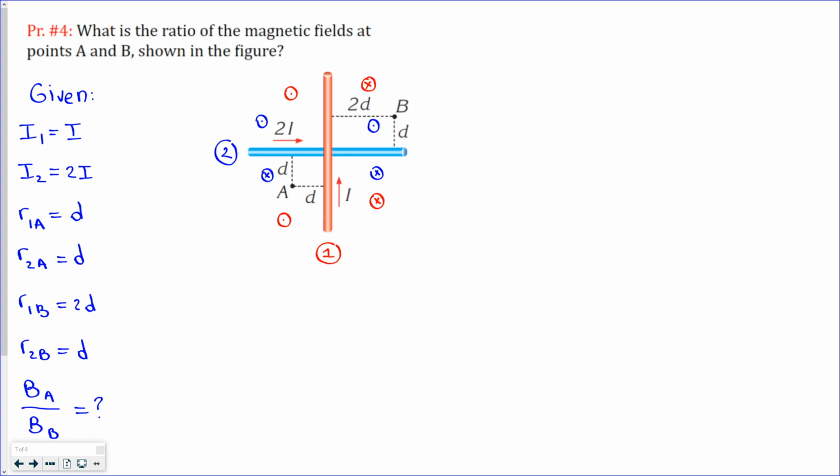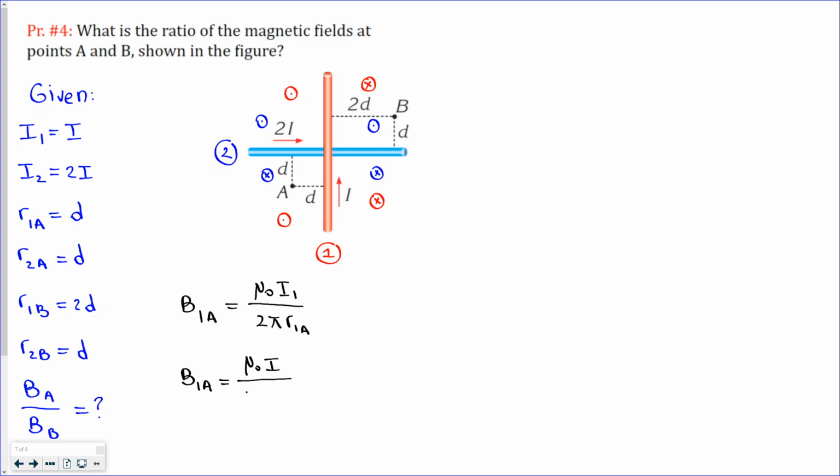Now let's find the fields at each point one by one. So the magnetic field of the first wire at point A will be equal to mu 0 I1 over 2 pi R1A. So let's put the given information into the equation.